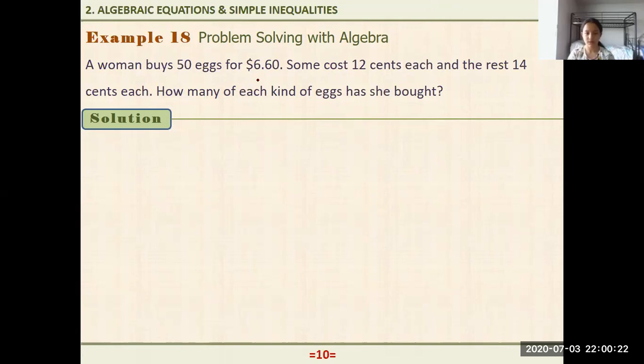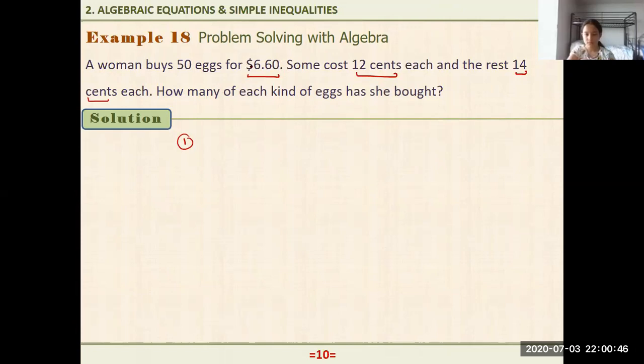As you see here, first, we use dollars, but here we use cents. Also here we use cents, right? 14 cents. In the first step, you need to convert all the units into the same units. Otherwise, you'll have a problem. Either dollars converted into cents or cents into dollars. Which one is easier?